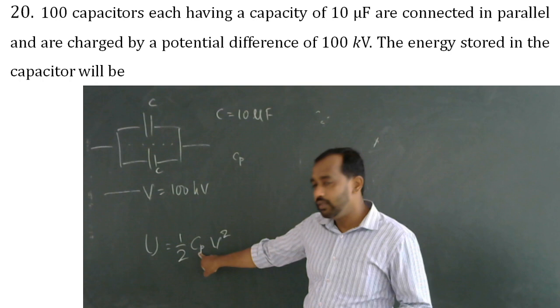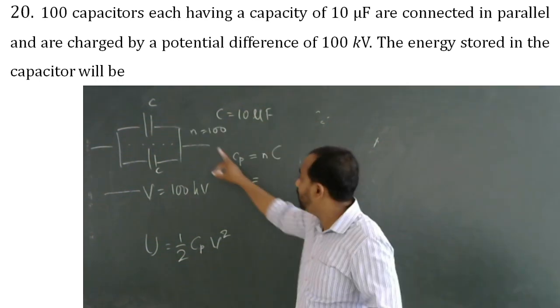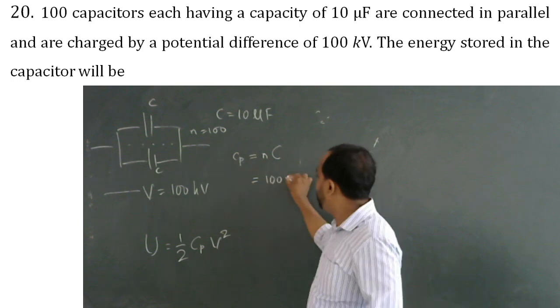Since there are n number of capacitors, which is equal to 100, what is the effective capacitance? It will be n into C, that is 100 into 10 microfarad, which is 10 raised to minus 6 farads.